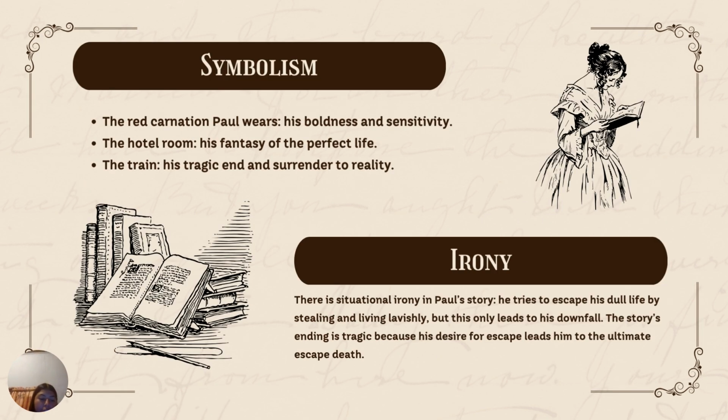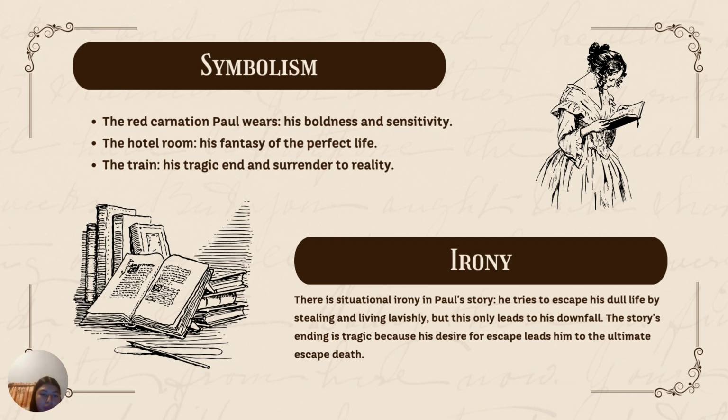Symbolism. Objects like the carnation represent his boldness and sensitivity. The hotel room represents his fantasy of the perfect life, and the train, his tragic end and return to reality.